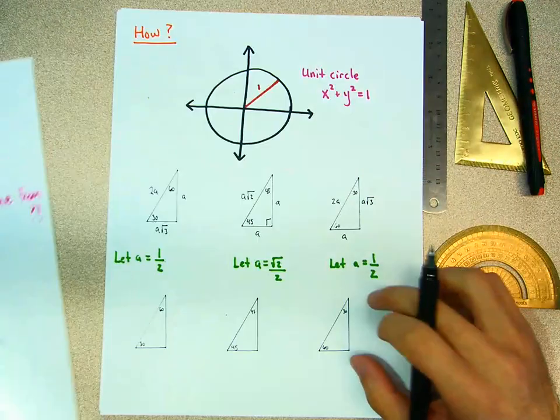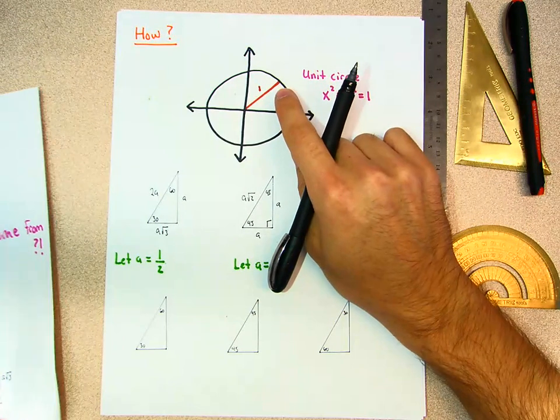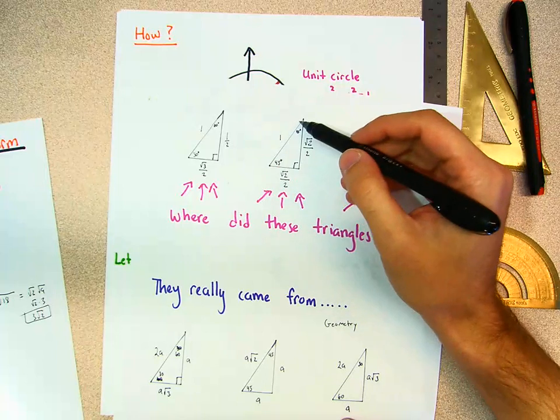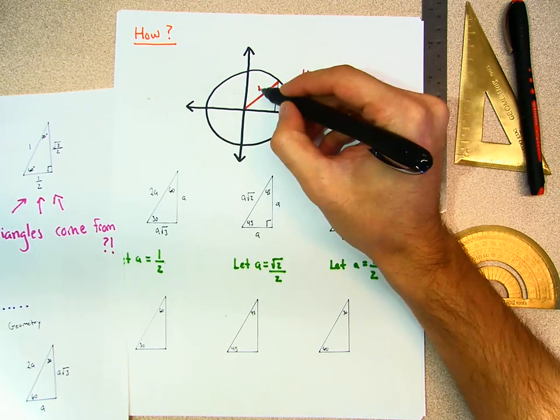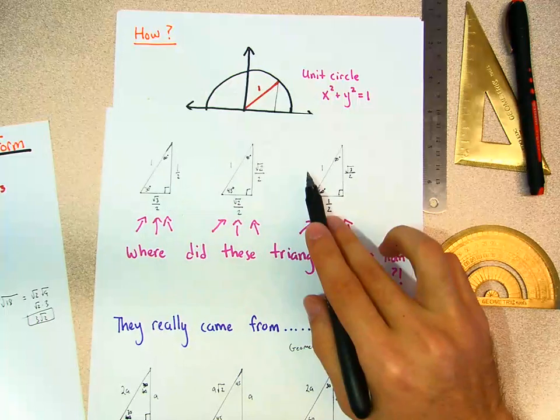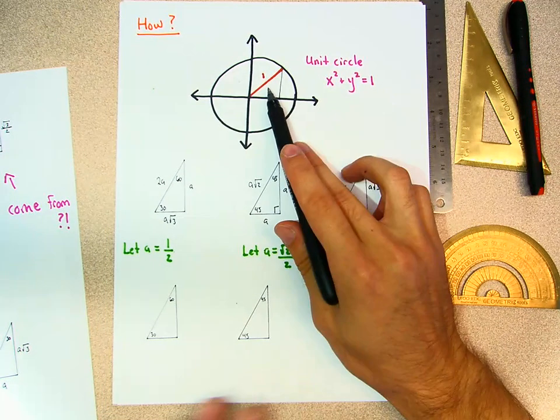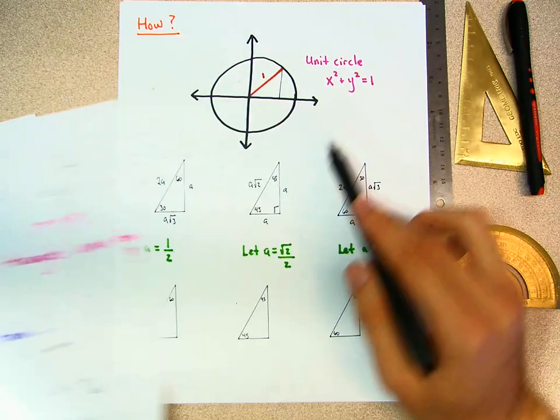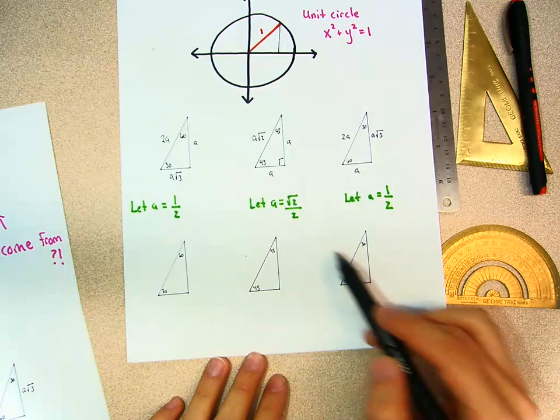So remember, if I have our unit circle, our radius was always 1. So the reason why we always had these lengths 1 was because of the unit circle, right? Because every triangle we made always had a hypotenuse of 1. But then how can I convert these triangles so they look like this, right?